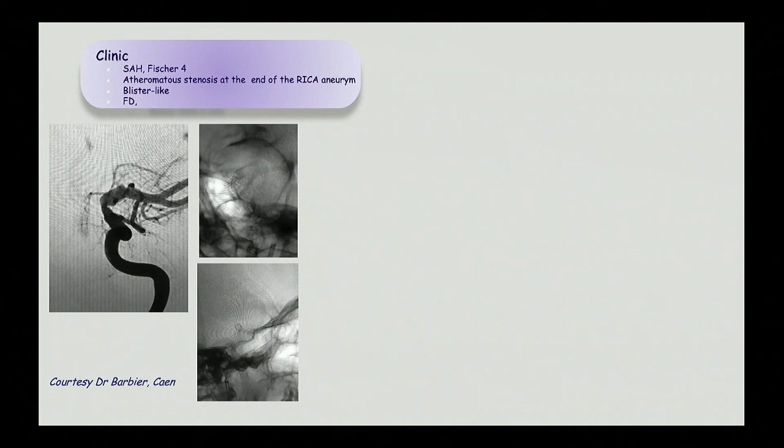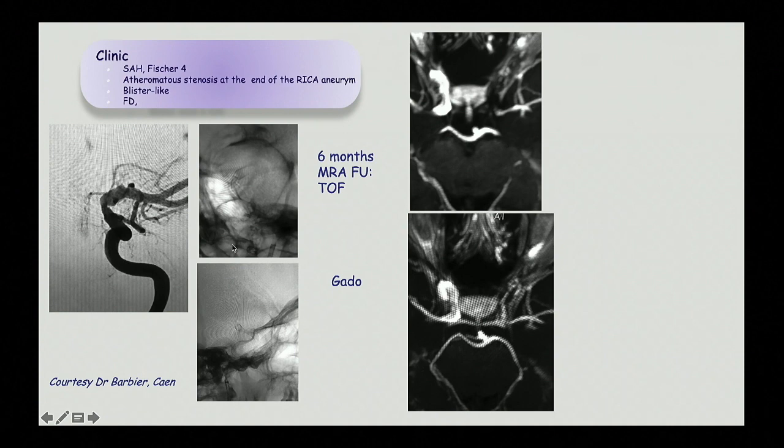If you look at this case, this is a case from Charlotte Barbier from Caen. This is an atheromatous stenosis at the end of the internal carotid artery, and this is before treatment, and the patient bled, and there is a blister-like aneurysm, a very small one. She placed a flow diverter here, and this is a control, this is time of flight, this is contrast-enhanced MR angiography.